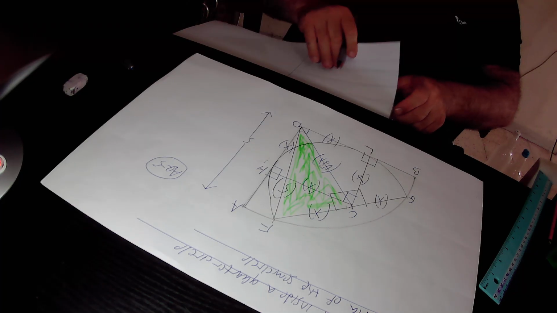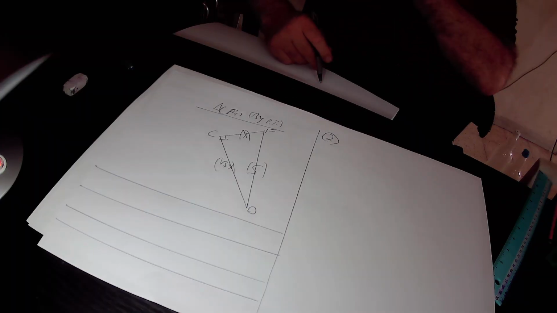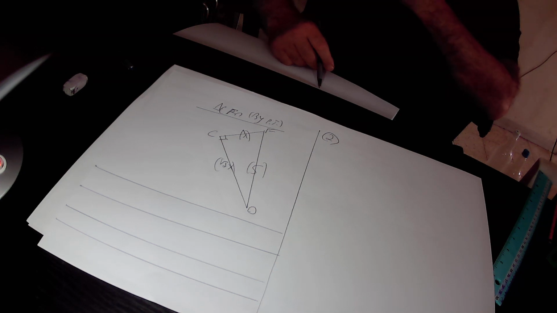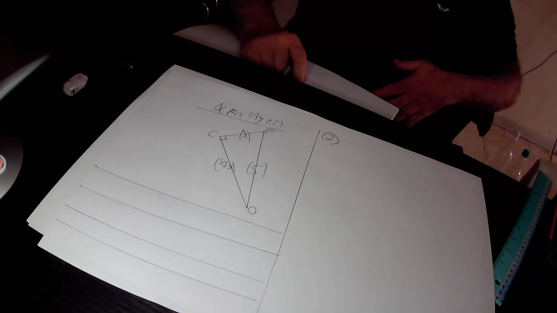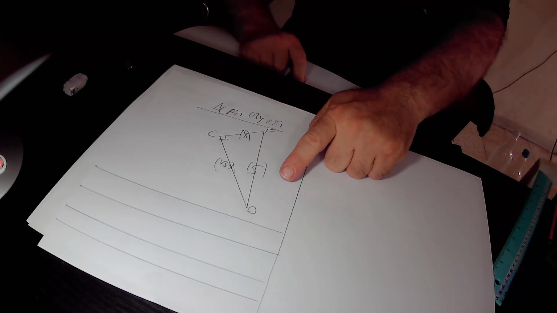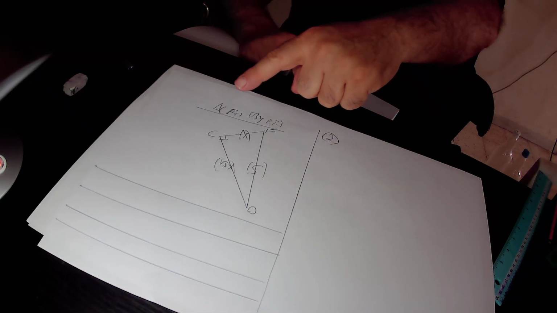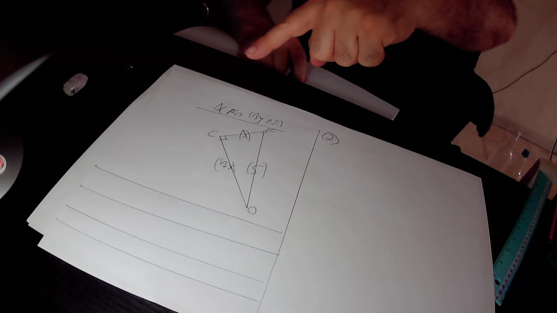So actually, this is the right green triangle CFO that I copied from the original drawing. In this right triangle CFO, according to the Pythagoras theorem, FO squared, that is the square of the hypotenuse, equals FC squared plus CO squared.